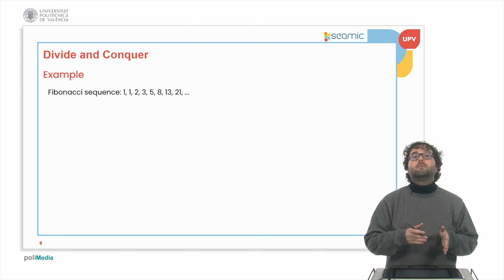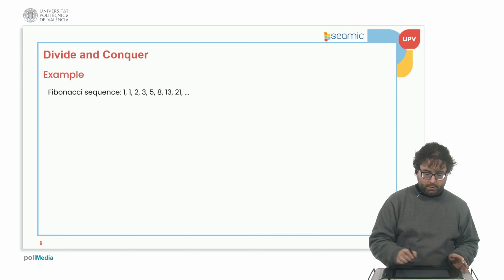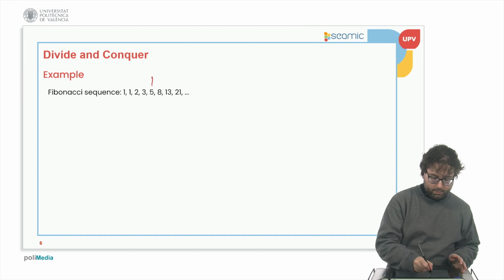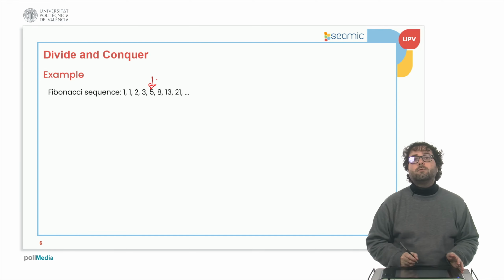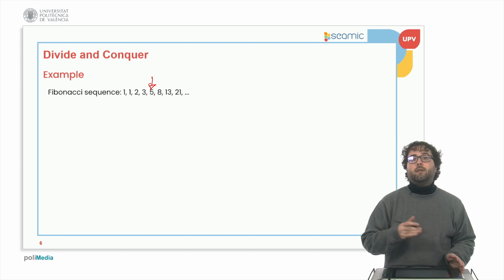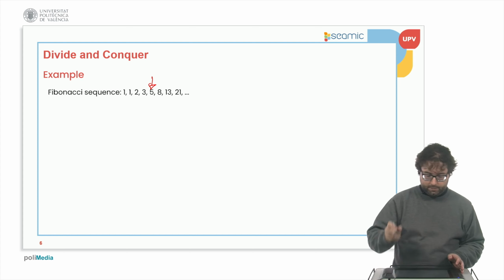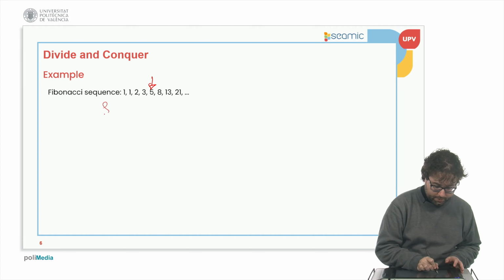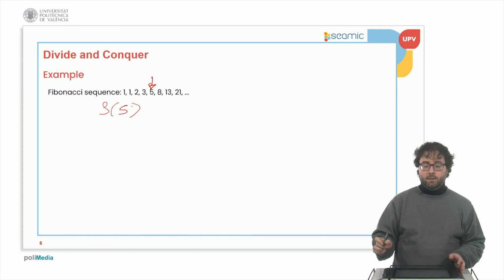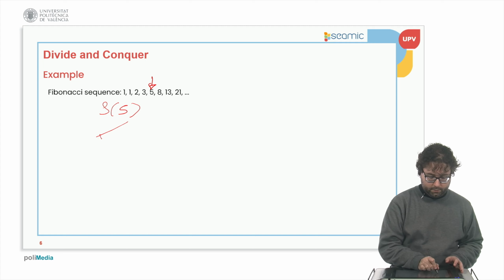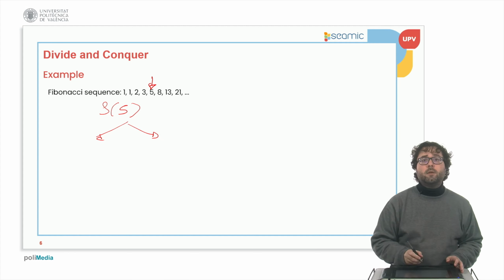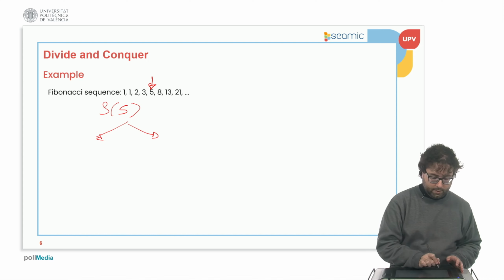So, given the Fibonacci sequence that I was mentioning, if we want to compute the fifth element, let's represent this as computing Fibonacci 5. We can simplify the problem to computing the previous two. That's it.